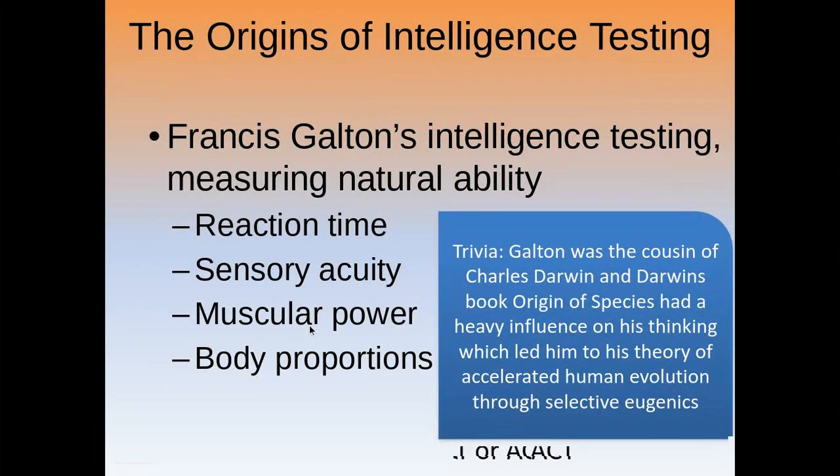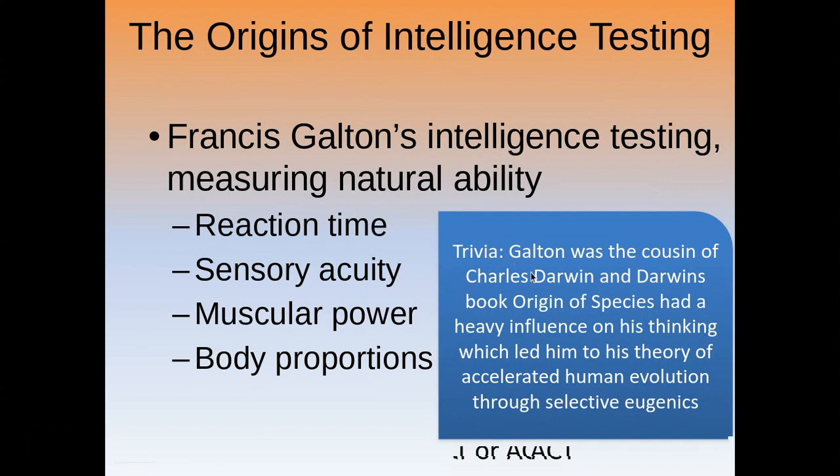Okay, so what are the origins of intelligence testing? Francis Galton did some intelligence testing before the turn of the century, measuring natural ability, and he looked at reaction time, sensory acuity, muscular power, body proportions. Again, a lot of this has nothing to do with intelligence, but the first time you try to figure it out, you're looking at almost everything.